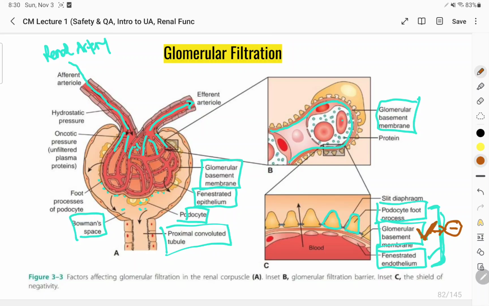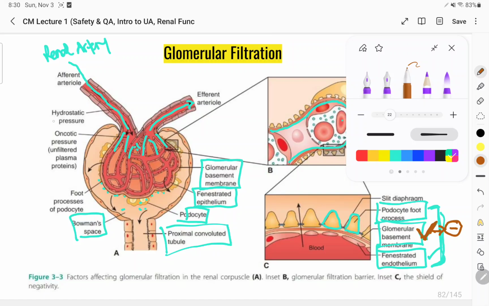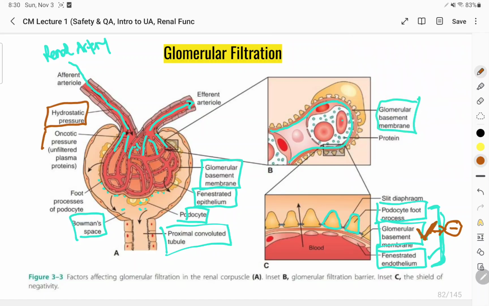So, didn't I tell you earlier about the pressures that we can also see here? We have the hydrostatic pressure and the oncotic pressure. Hydrostatic pressure and oncotic pressure are Starling forces. Okay?